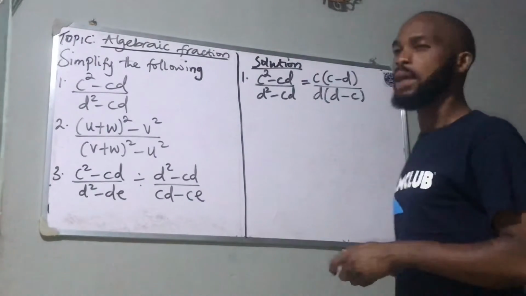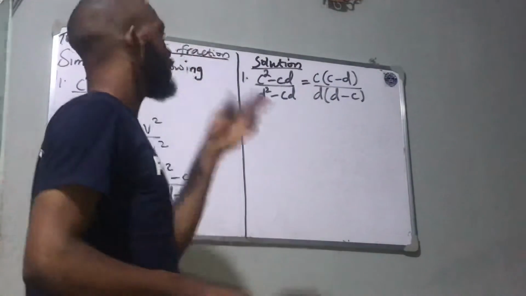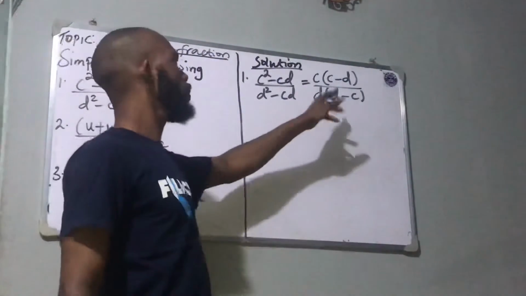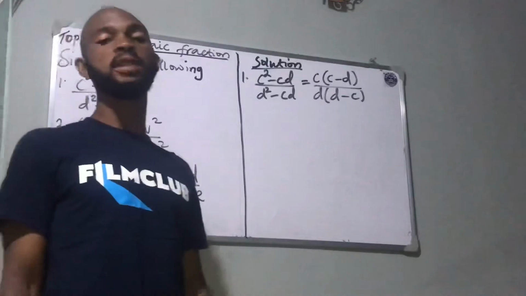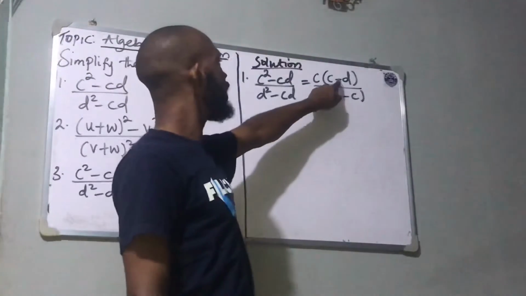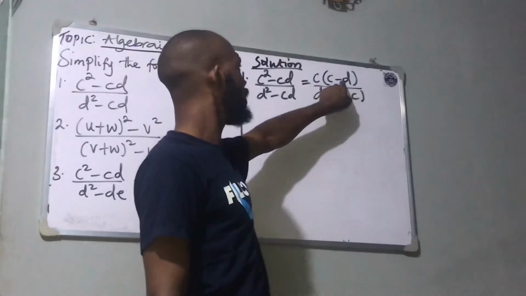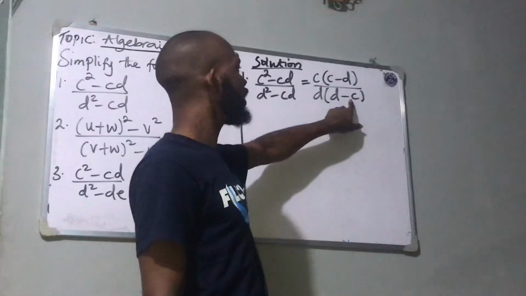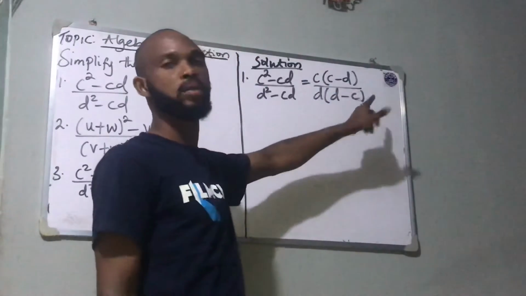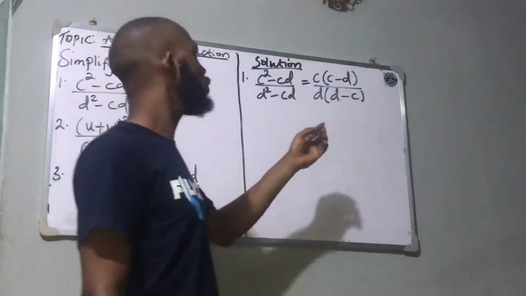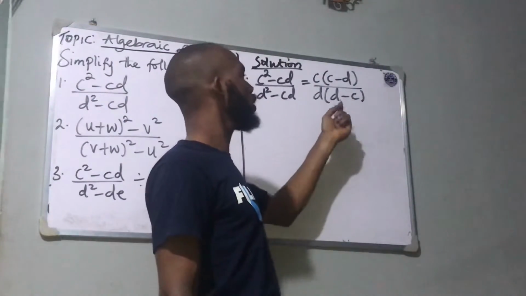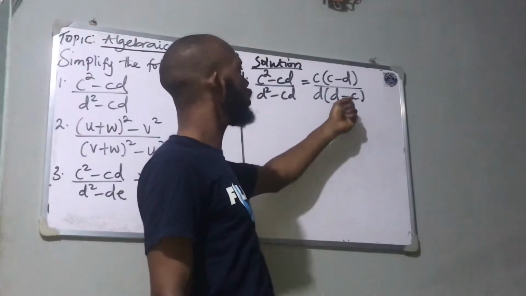Now, it will not be right for us to just cancel out c minus d with d minus c because they are not the same. The d is carrying the minus here, while there the c is carrying the minus, so we cannot cancel out. All we need to do is to switch the position, and if we switch the position here, we'll have minus c plus d.